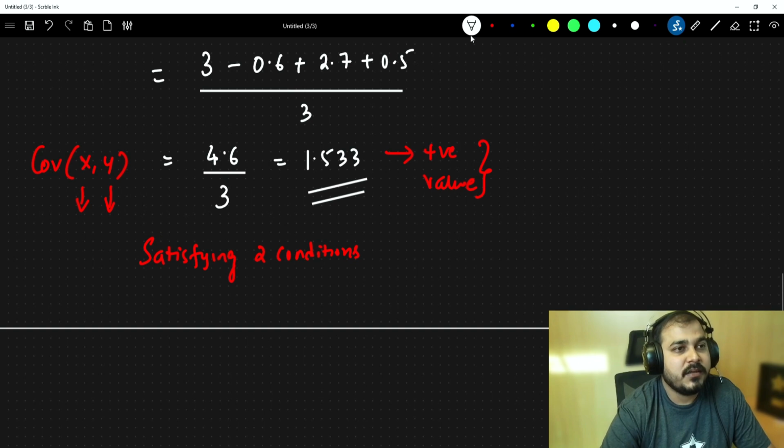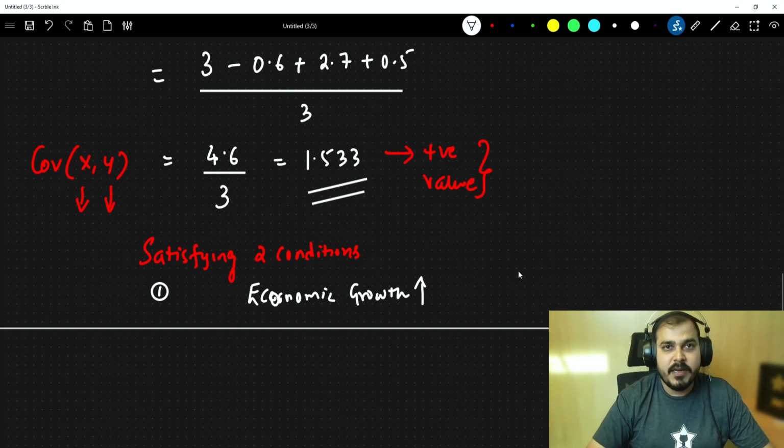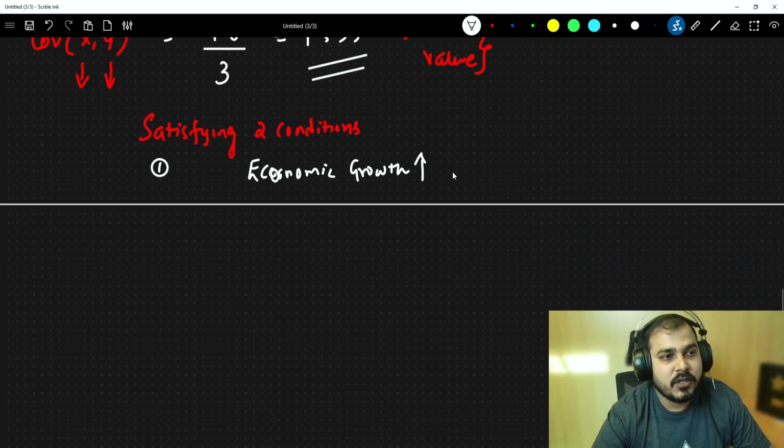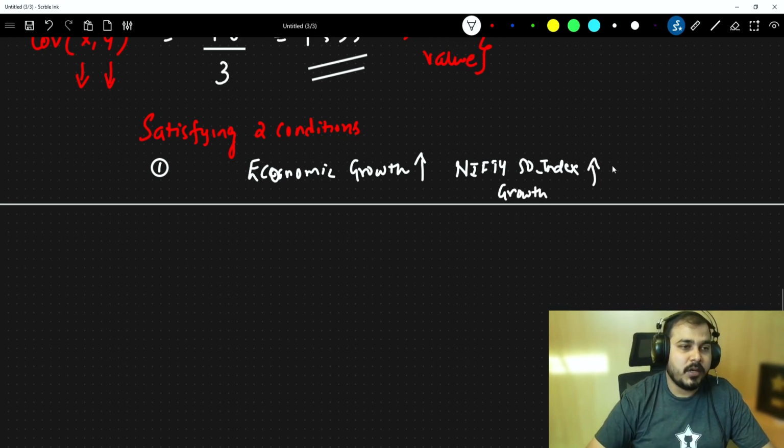The first condition is that when economic growth increases, your Nifty 50 index growth is increasing. Okay, perfect.